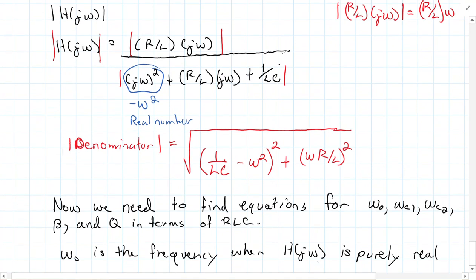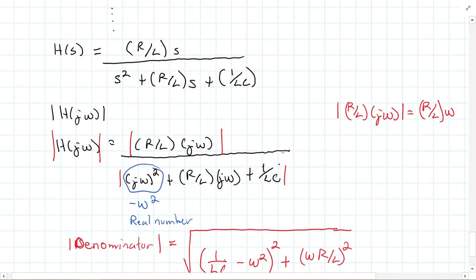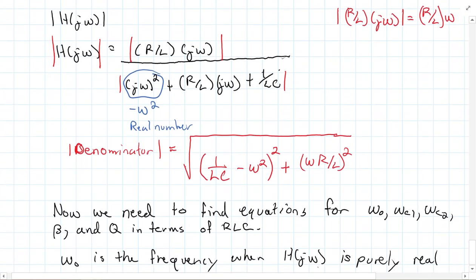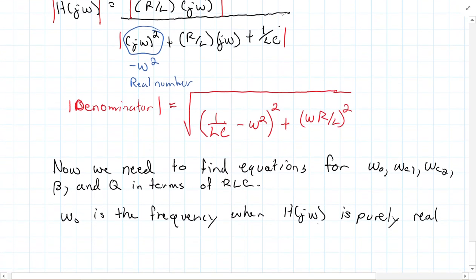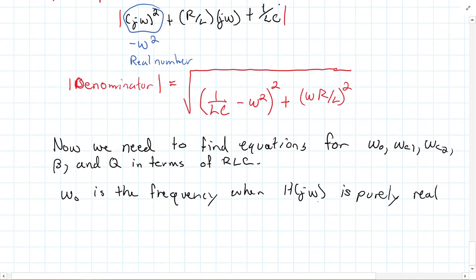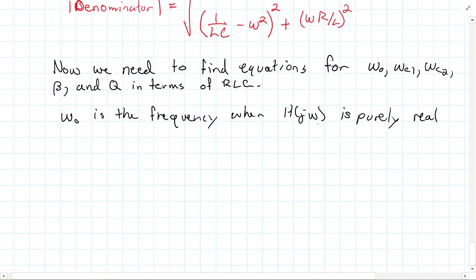So I'm not going to look at the magnitude. I'm going to go back and look at h at j omega, and it being purely real. So omega 0 is the frequency when h at j omega is purely real.